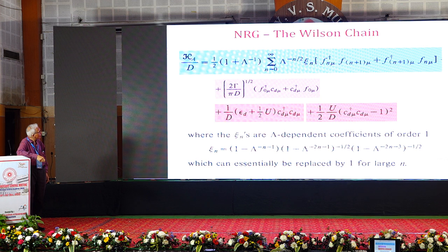Okay. So it's called the Wilson chain Hamiltonian. Notice the very nice structure of it. There's this impurity all by itself. Then it couples only to the first conduction electron state, the most localized conduction electron state you can make around the impurity. And F0 couples to F1, F1 couples to F2, F2 couples to F3, and so on. So as you go down the chain, you're coupling to states which are more and more spread out.